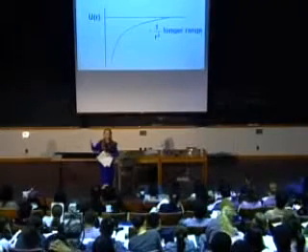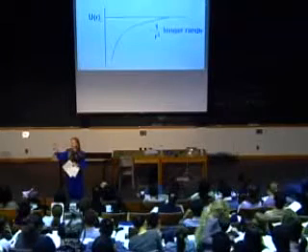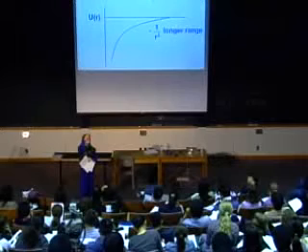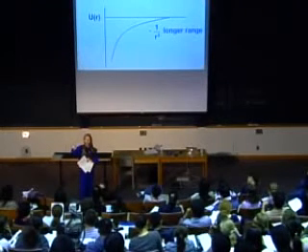Now, you might say, where's the repulsive part of this interaction? In the case of the Lennard-Jones potential, remember we had two parts. We had the attractive part and we had the repulsive part. The repulsive part was 1 over r to the 12. The attractive part was 1 over r to the 6th.